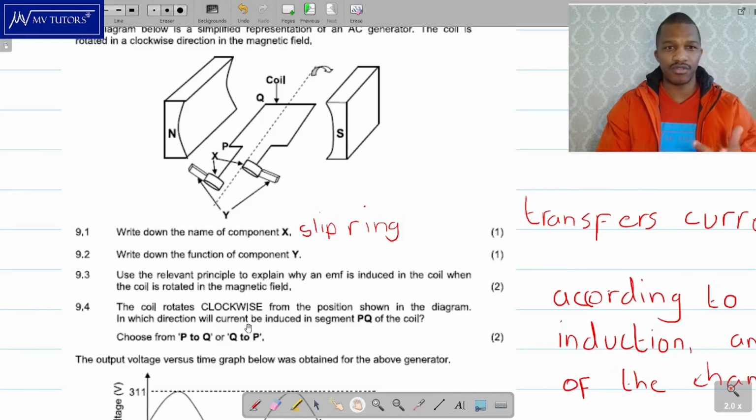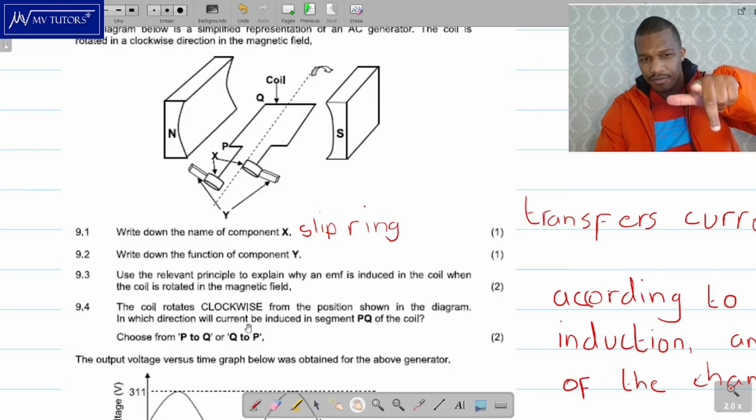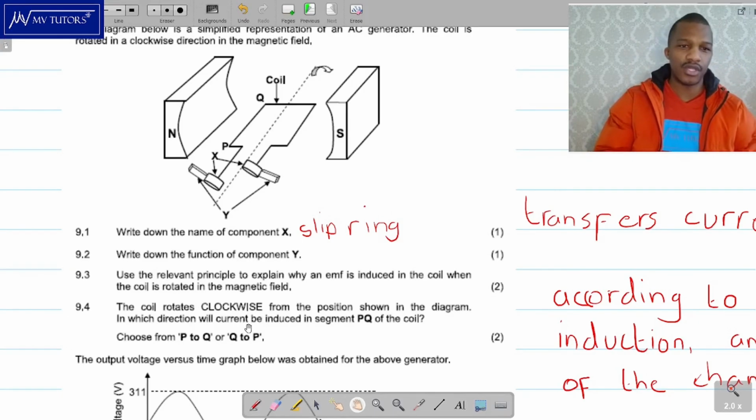But I'm just going to use my left hand. So it's going clockwise, so then I do it like this, okay? And then I know that if it's like this, then what's it asking for? Which direction will current be induced? Okay, it's going from P to Q. So that's my answer.